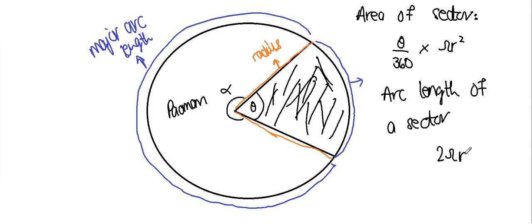Let's write that down first. That should be multiplied by a fraction of angle subtended at the center divided by the entire angle. Once again, theta upon 360. Okay? Done? That's great.